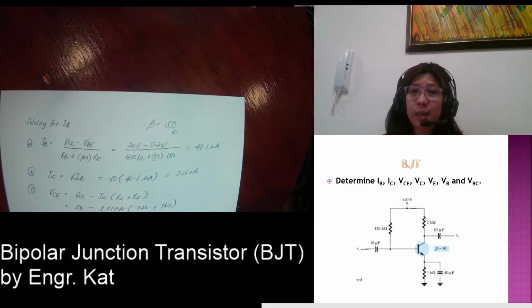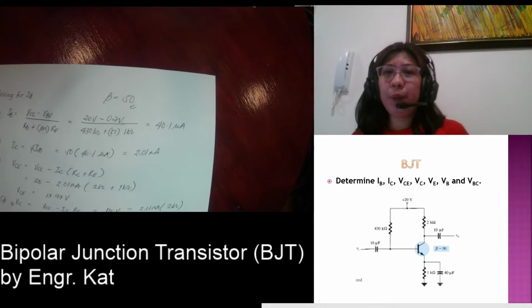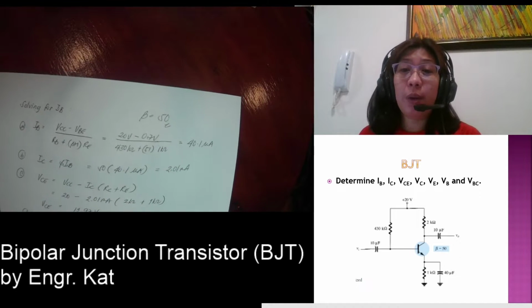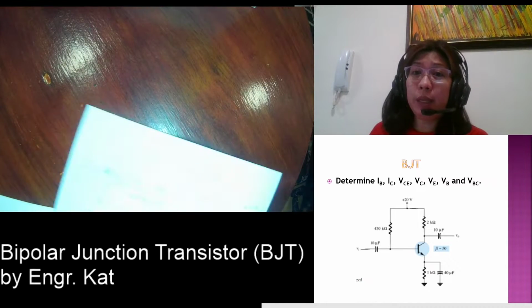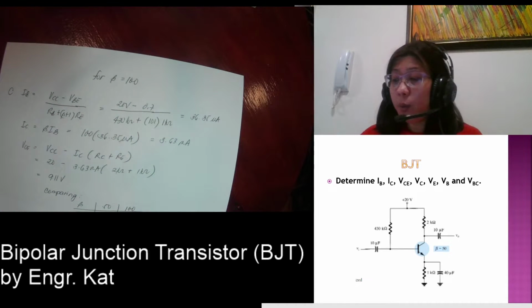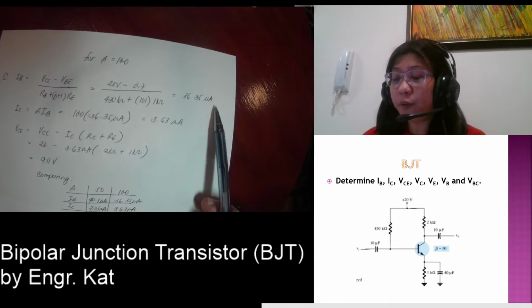What we did in the fixed bias configuration is we tried to increase the value of our beta, from 50 to 100. So we will be doing that also. Using the same formulas, your beta is now equal to 100. This is your new value for IB.